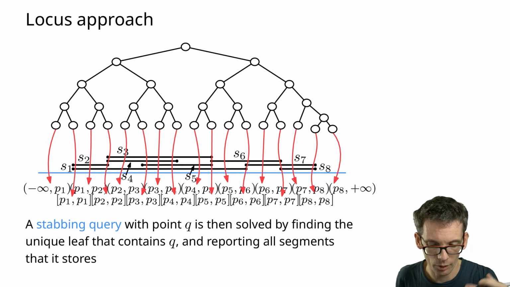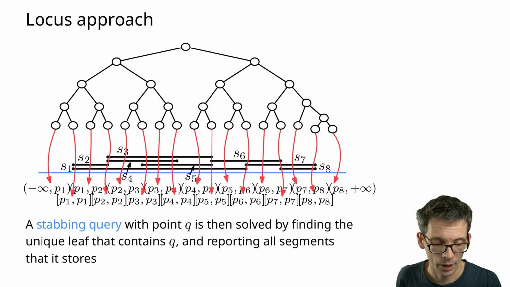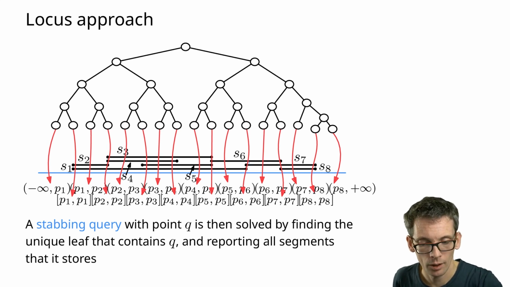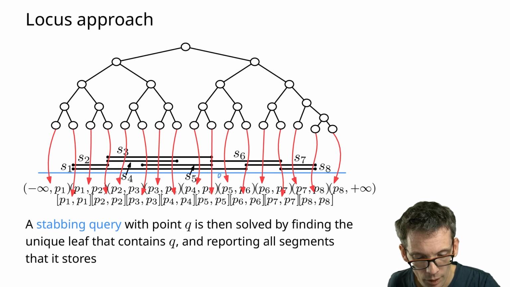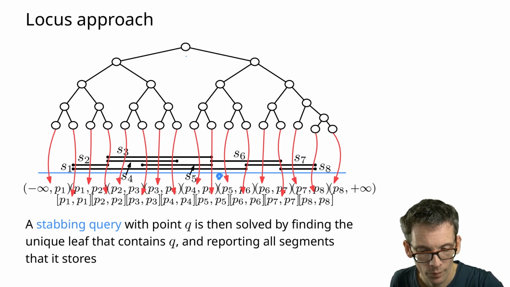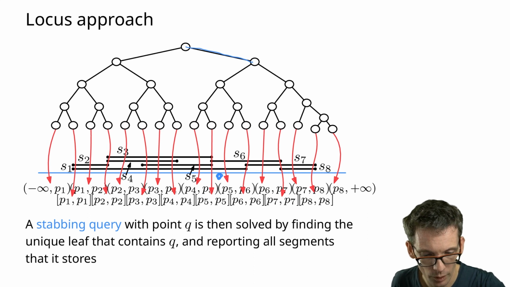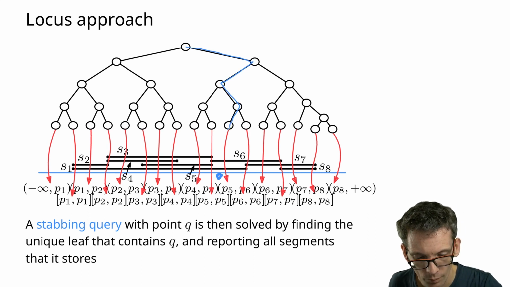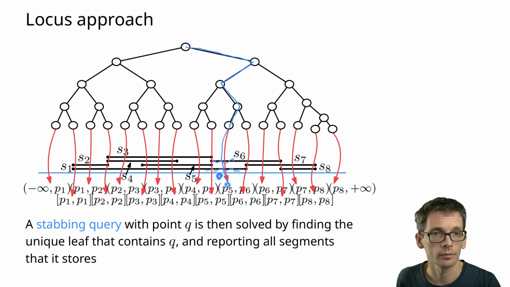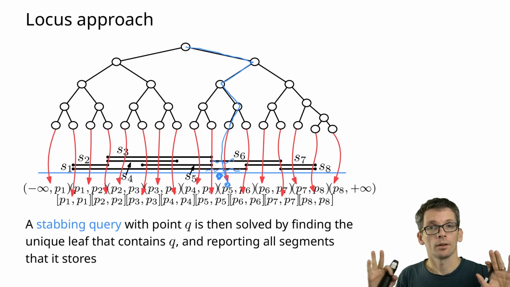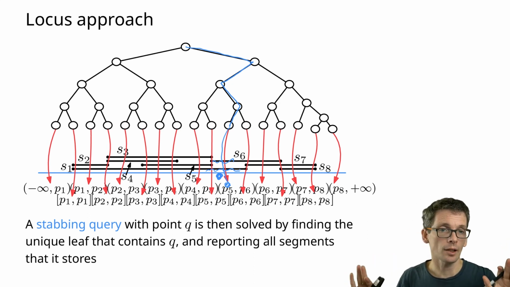If I get a point and I want to know which segments are intersected, let's say I have a point somewhere here, then I will first search for that point, and then if here I've stored those intervals, I can report them. This is not yet a segment tree, but let's see how far we got so far.